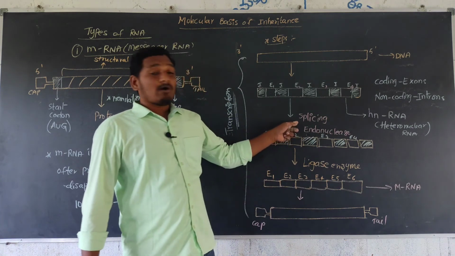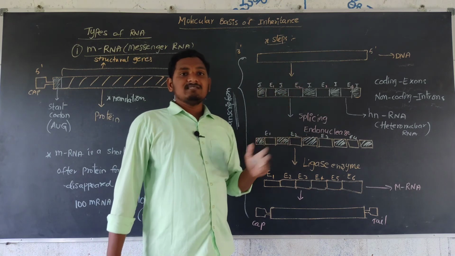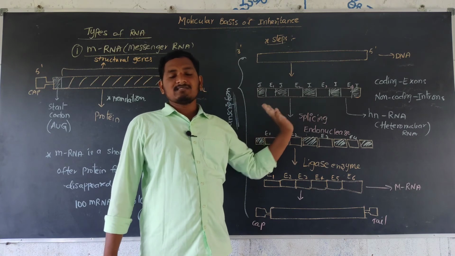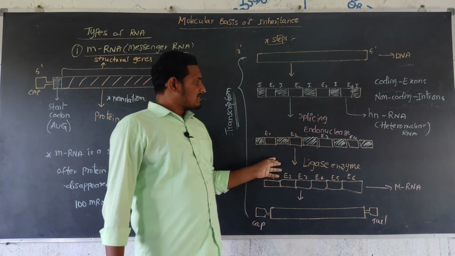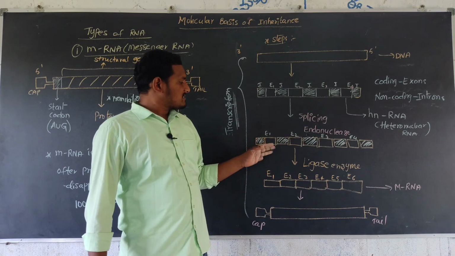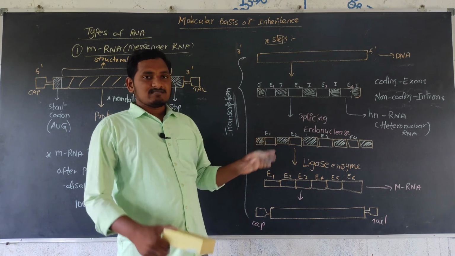Next, by the process of splicing, the endonuclease enzyme cuts and breaks these exons and introns, so the intron pieces and exon pieces get separated.